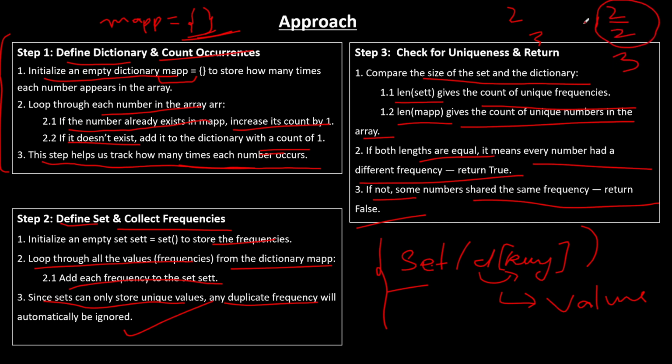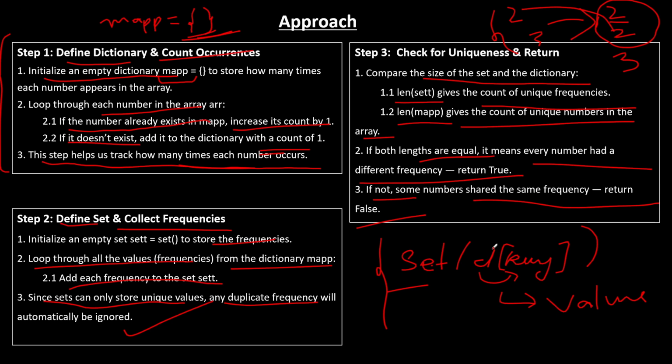The keys might be different, but the values are the same. So this 2 will appear one time in the set, because it considers only unique values. If there is a reduction in the size of the set, it confirms that there are repeating values in the map or dictionary. So we return false. If they are equal, we return true.